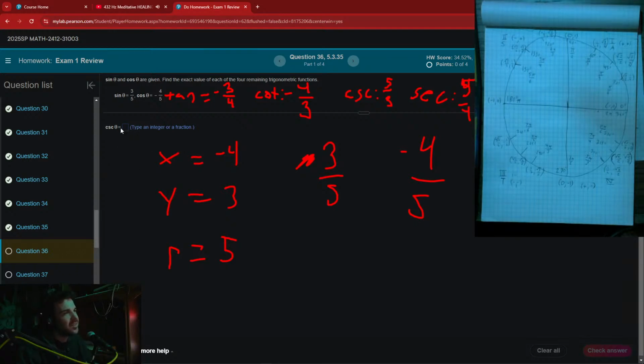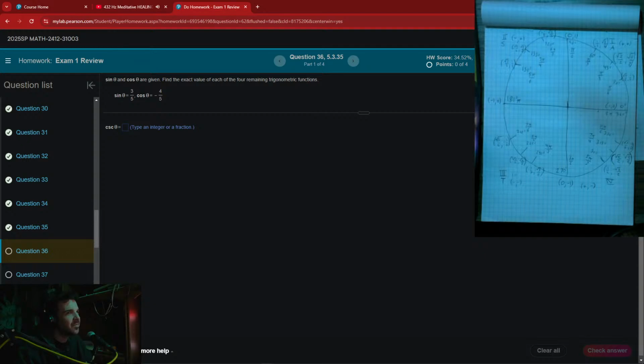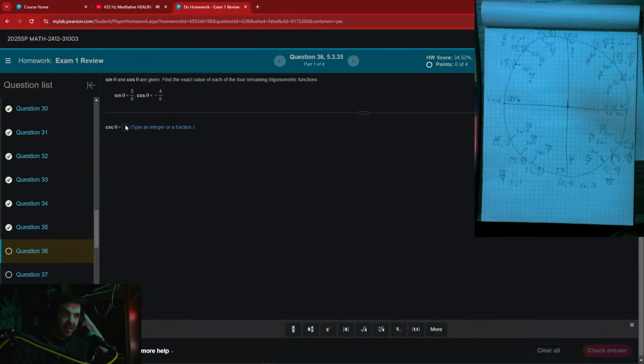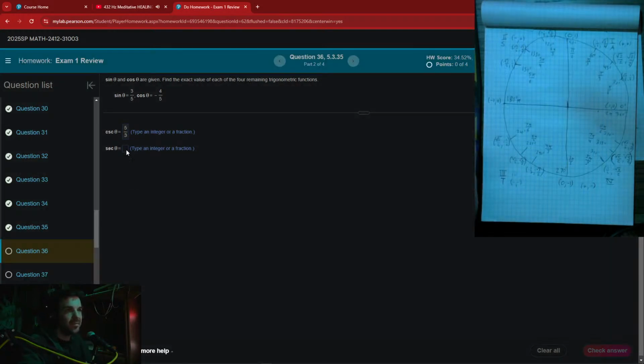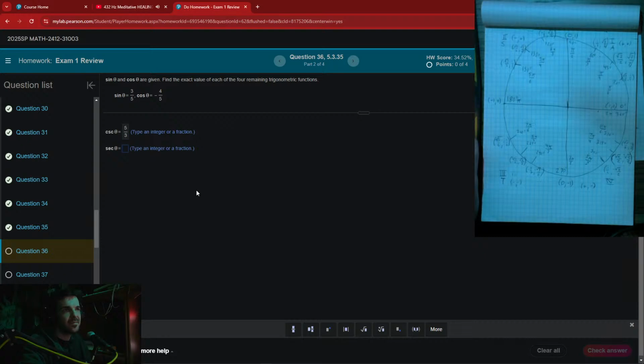Maybe I can try this. I guess I can't edit this page without closing this out. That's right. I think I can remember. So, this one was 5 over 3, right? Secant is the inverse of cosine, -5 over 4.